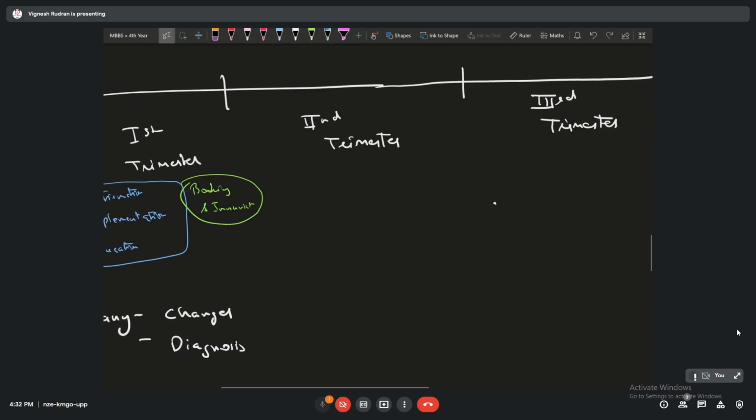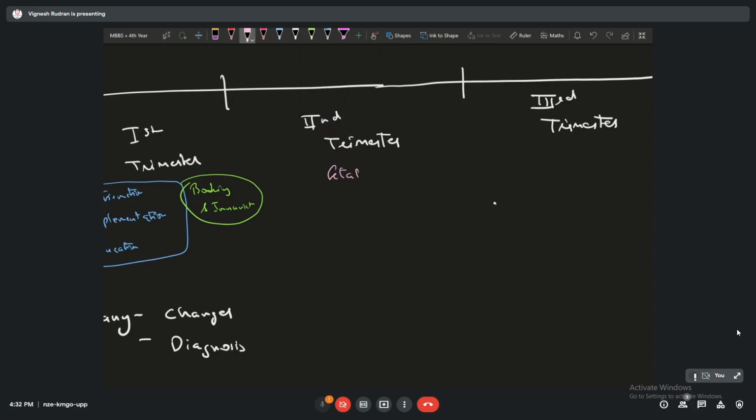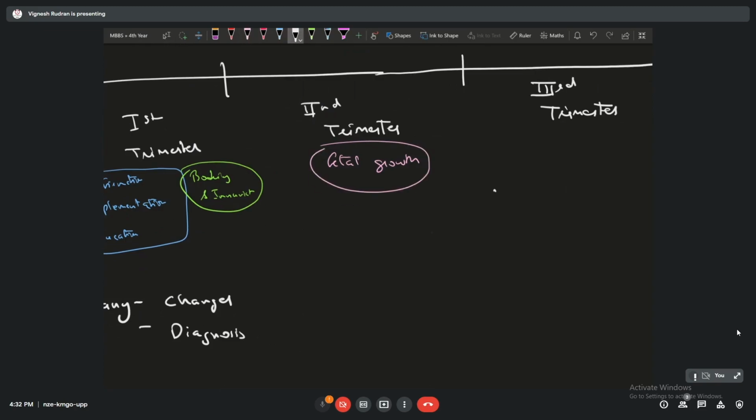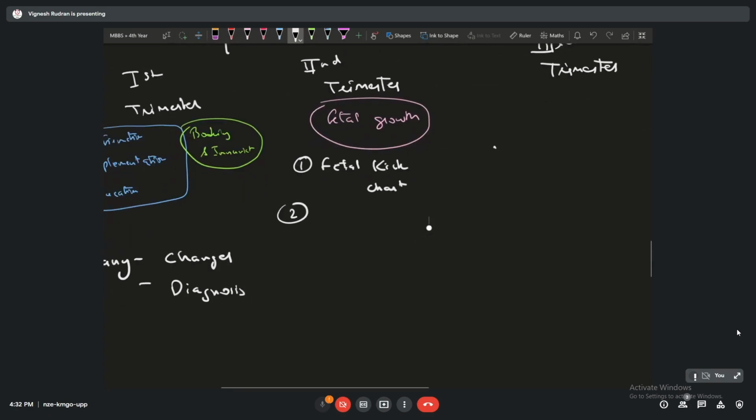In your second trimester, it's going to be your monitoring of fetal growth. Okay. So when it comes to fetal growth, there are 2 to 3 important methods or procedures which you do. One of those is your fetal kick charts. Second is your non-stress test.